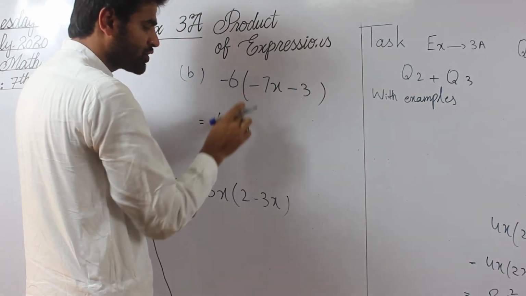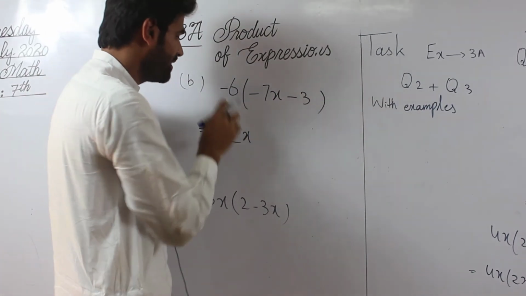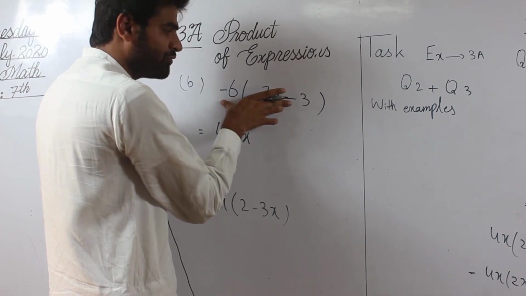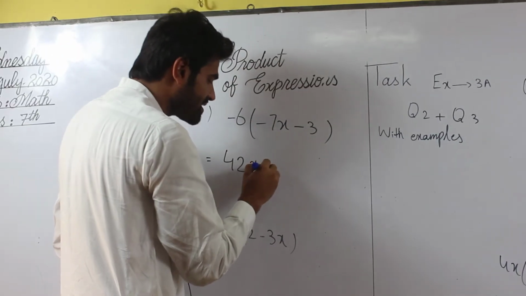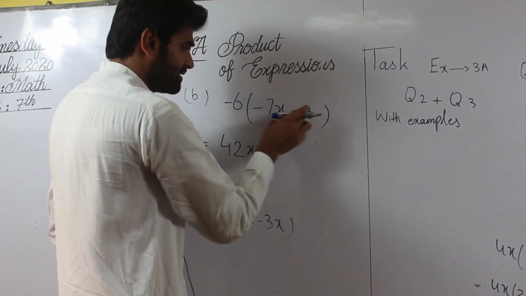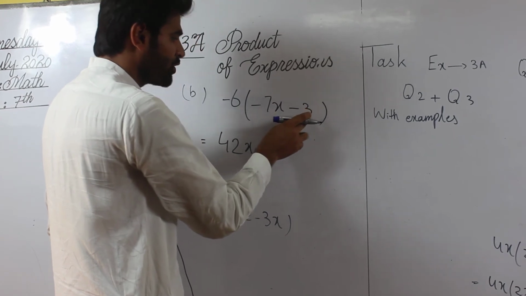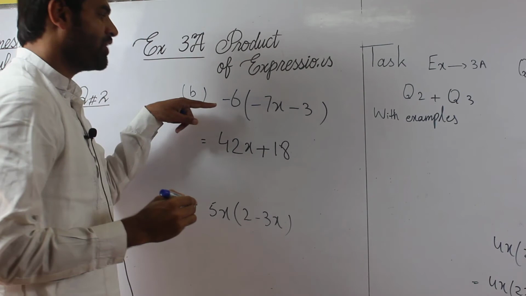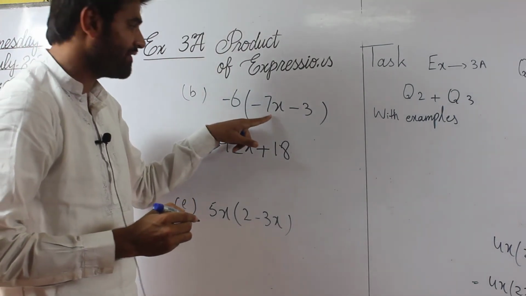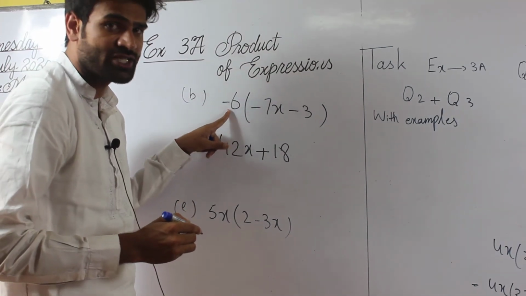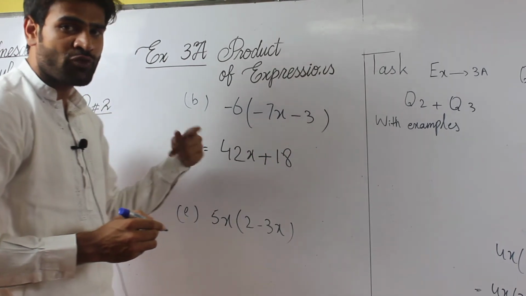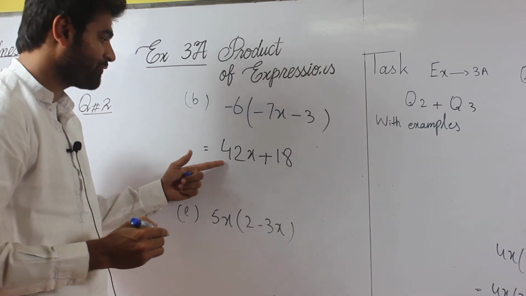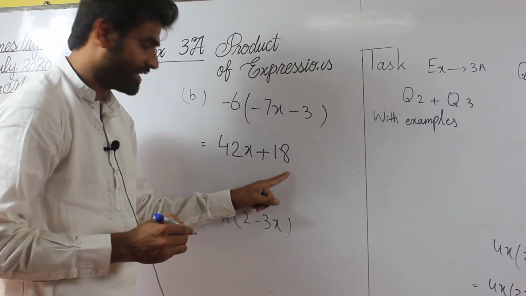This is a constant number, so write the variable as it is. Then again negative sign multiplied with negative sign, minus minus plus, and the 3 is only a constant, no variable contained. 6 3s are 18. So we get 42x plus 18.